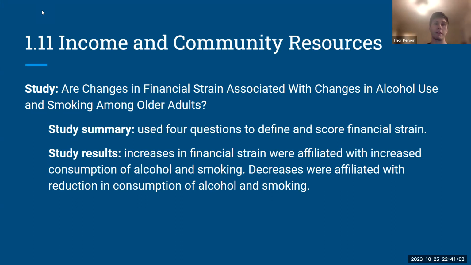And also, if the financial strain reduced, you could also see a positive health outcome in reductions of drinking and reductions of smoking. So that underscored the importance of measuring financial strain and using questions to measure that construct.